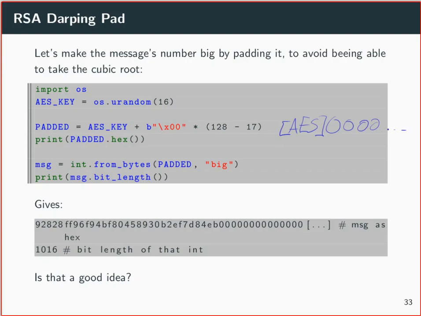If I take this padded message as an integer and print it, I can see that this is my AES key here, and this right here is the padding.